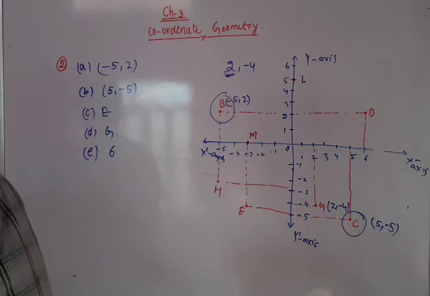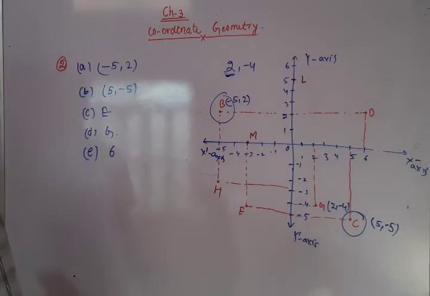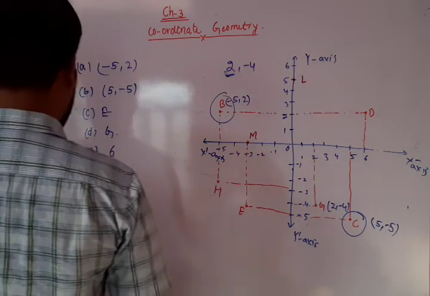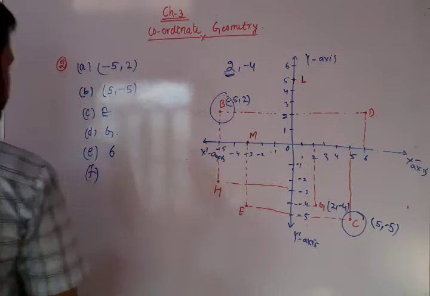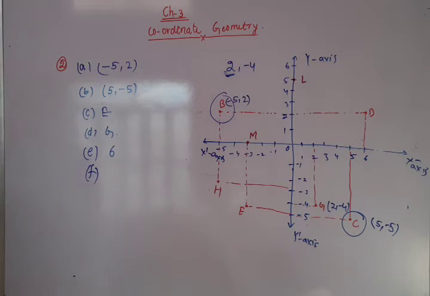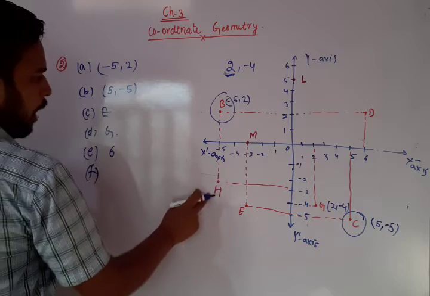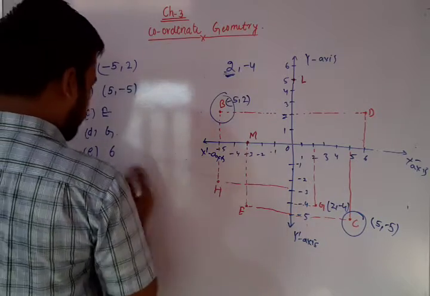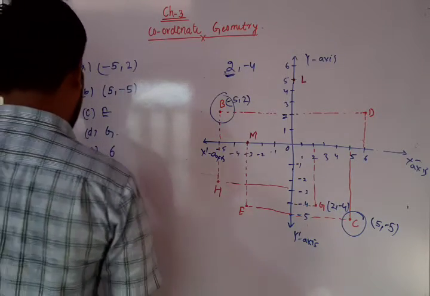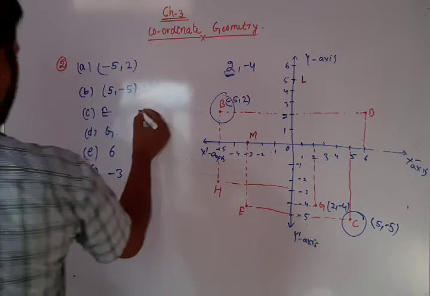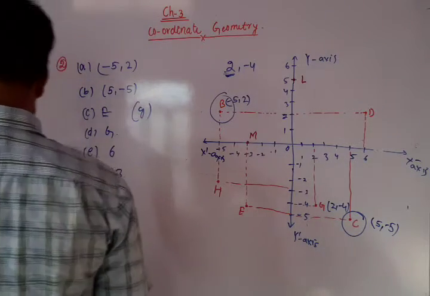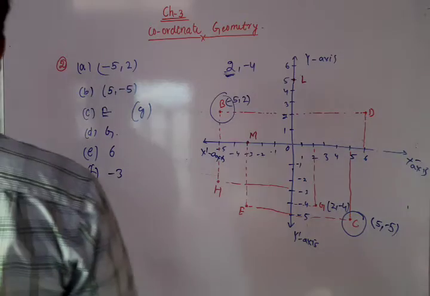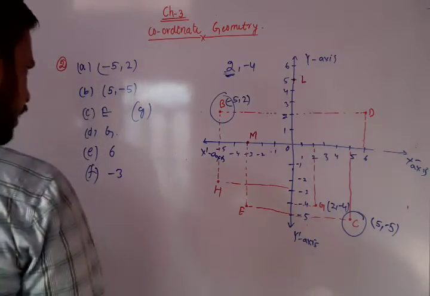Now the ordinate of point H. What we have to tell is the ordinate of H. Ordinate means y coordinate. The y coordinate of H is -3. Now next, question 7, the coordinate of L. Where is L?